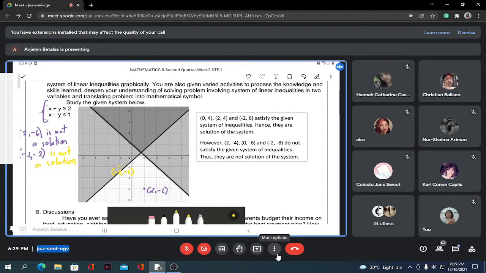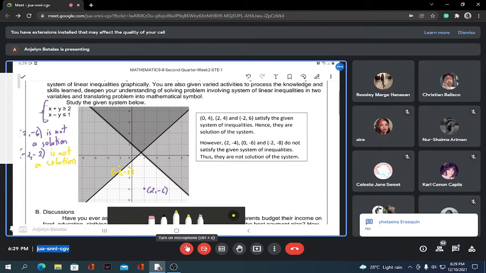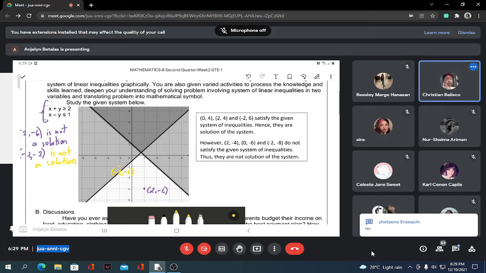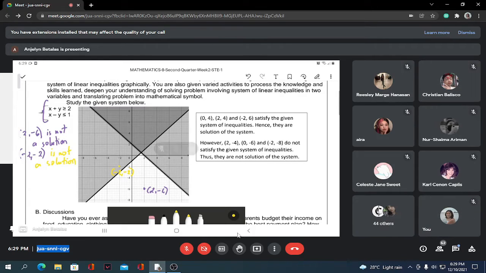Last ones. Another one: (8, 4). Where is (8, 4) found?